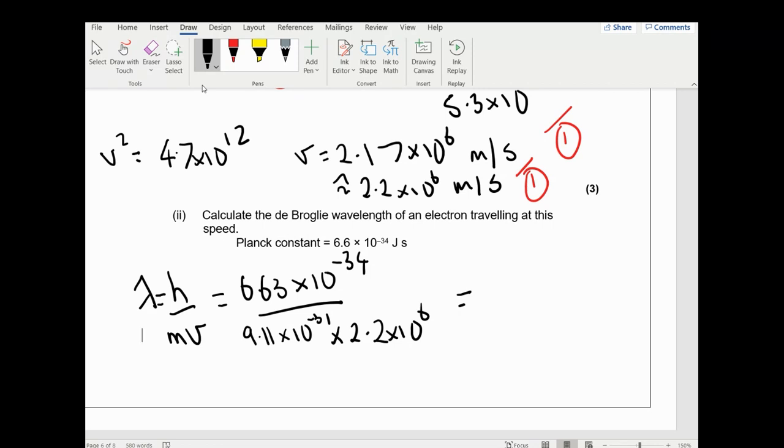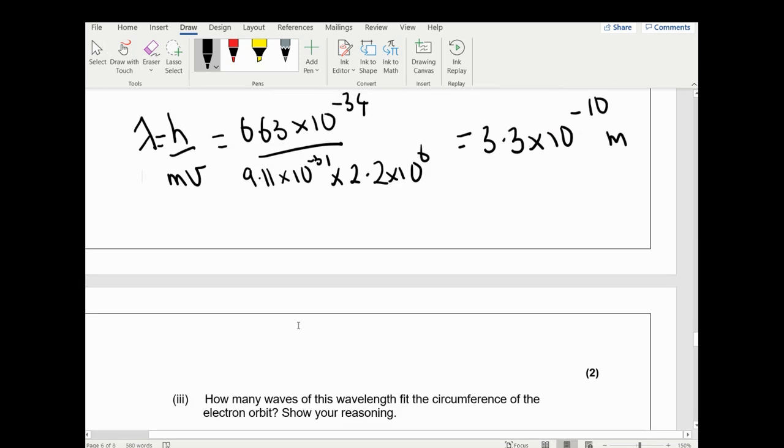So 6.63 times 10 to the minus 34 divided by 9.11 times 10 to the minus 31 divided by 2.2 times 10 to the 6. And I get an answer of 3.3 times 10 to the minus 10 meters. So that's my de Broglie wavelength there.